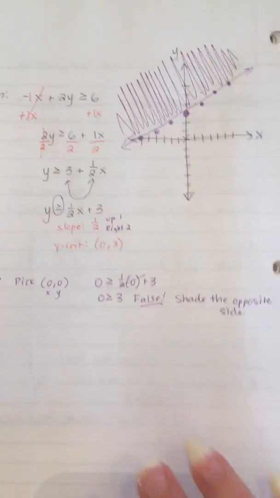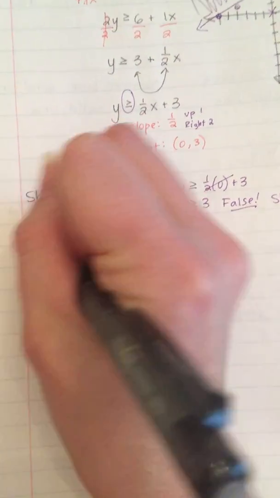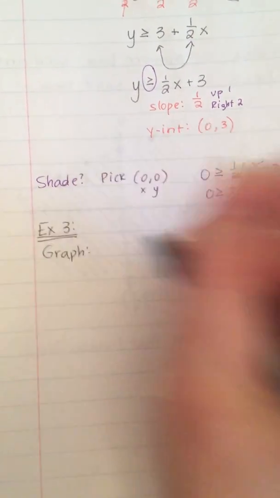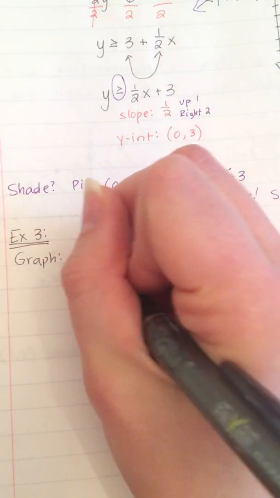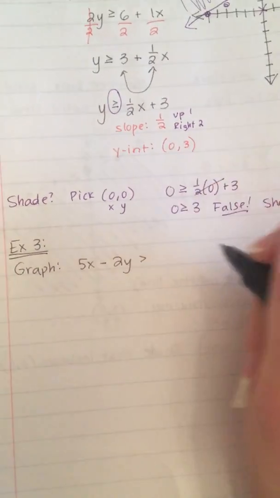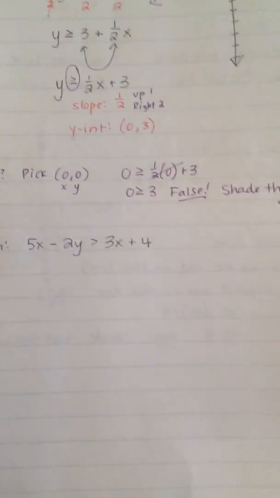Okay, we're just going to do one more example, and then that'll be it for the notes. So for example 3, we're now going to graph the inequality 5x minus 2y is greater than 3x plus 4.